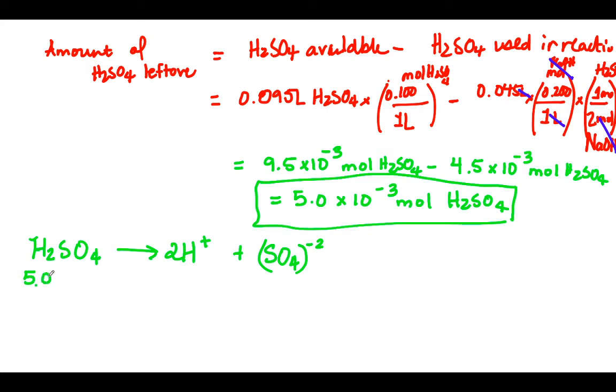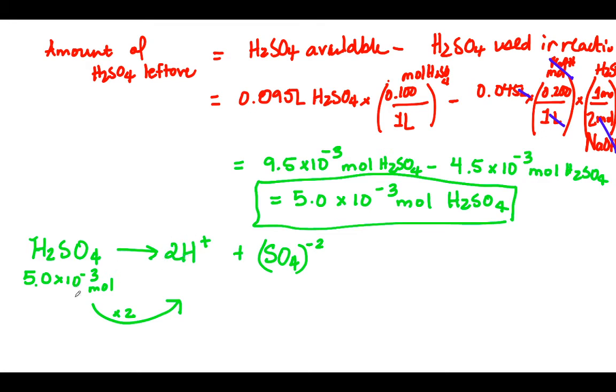So if I have 5.0 times 10 to the power of negative 3 moles of H2SO4, I'm going to have twice that of H plus ions, right? So when I try and find the moles of H plus in that solution, it's going to be twice the moles of H2SO4 that are there. So all the H2SO4 that's left over, which would be 5.0 times 10 to the power of negative 3, is going to ionize fully to form 2H plus.